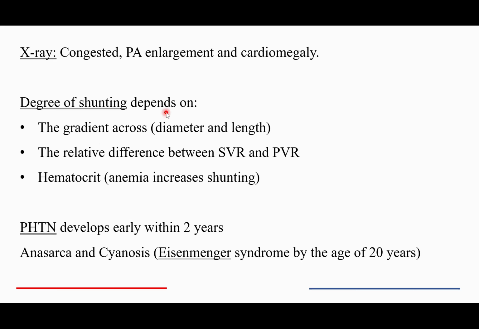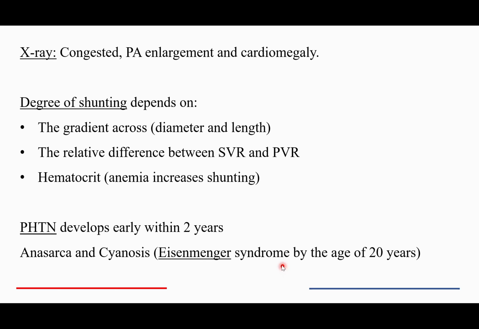The degree of shunting depends on the gradient across it, the diameter and the length, and the diameter is more effective, and on the relative difference between the systemic and pulmonary vascular resistance. Hematocrit, like the VSD, pulmonary hypertension develops within 2 years, and Eisenmenger by the age of 20.